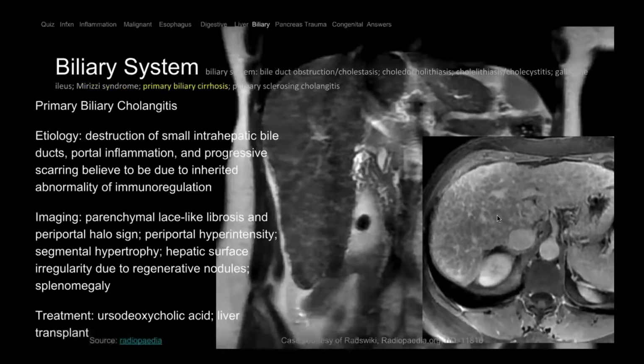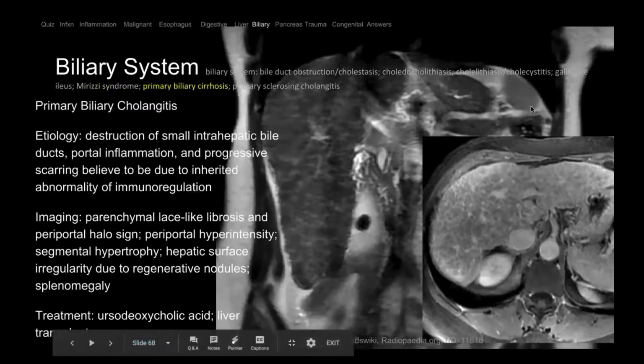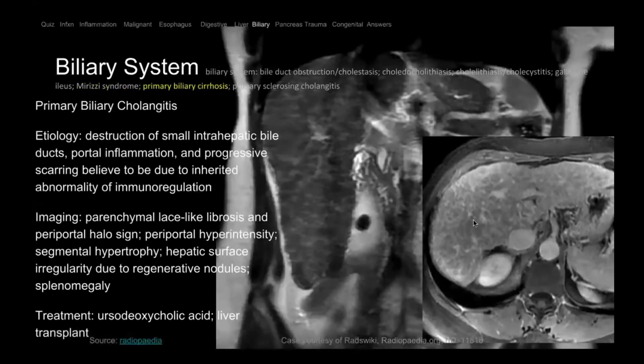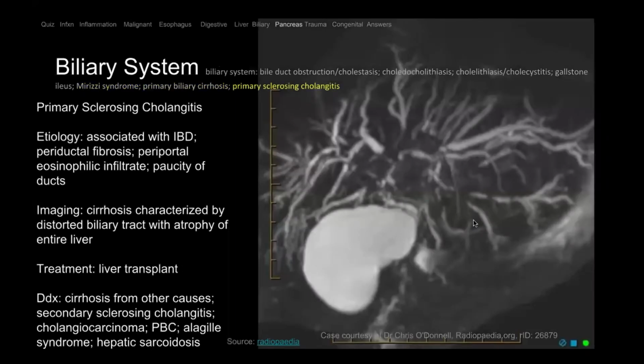So it's a hard diagnosis, but this is primary biliary cholangitis. You need biopsy to make this diagnosis, but all we can really say is that there's diffuse liver disease. It's an abnormal looking liver. The liver should look like the spleen, right? It's homogeneous like the spleen, but here it's very heterogeneous and abnormal signal intensity.